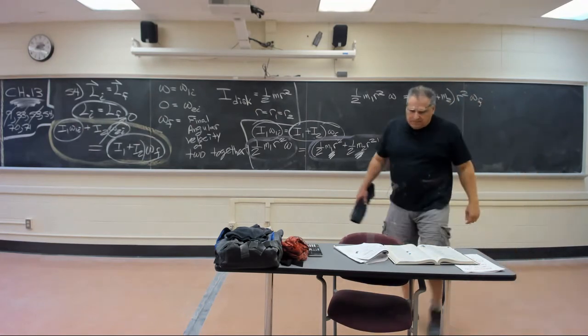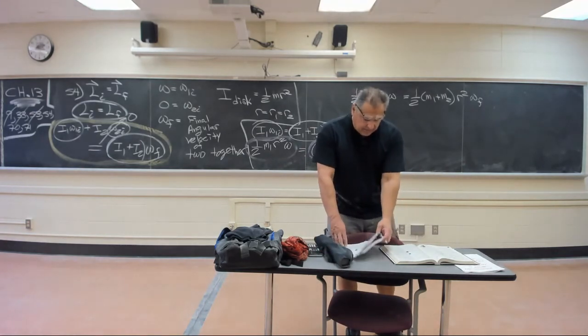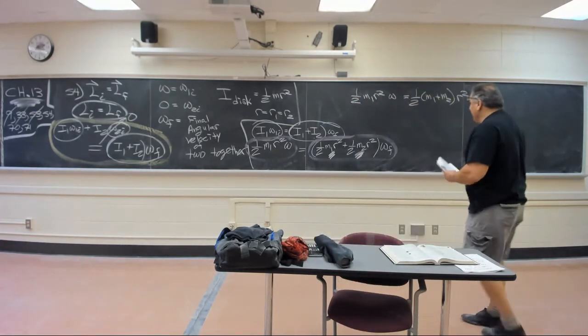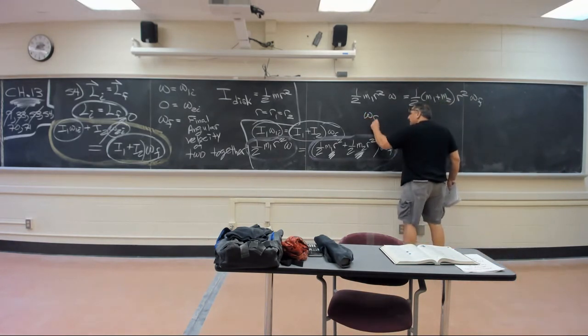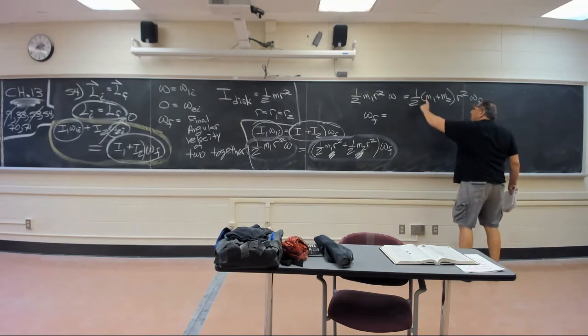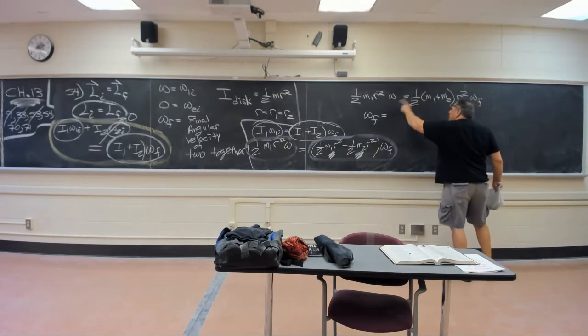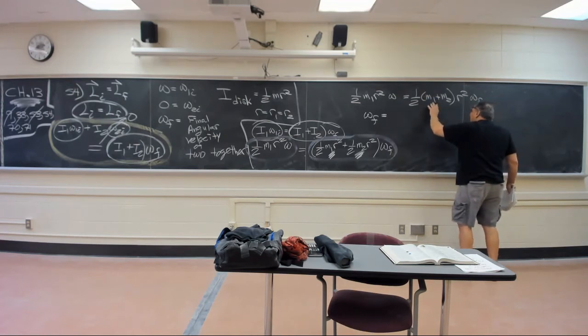Sounds good to me. Any ideas? Yeah, we need some ideas here. I mean, what we're going to do is we're going to take omega sub f all by itself. We're going to multiply both sides of the equation by 2 and divide by the quantity m1 plus m2 times r squared.